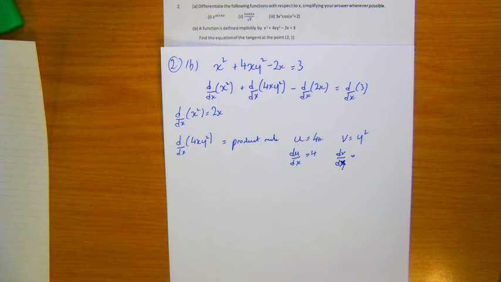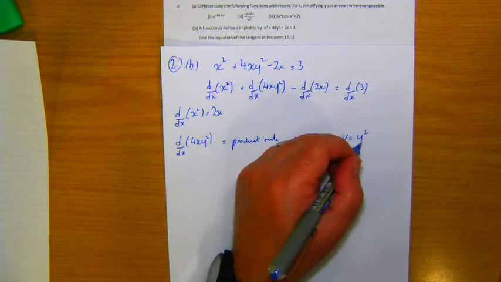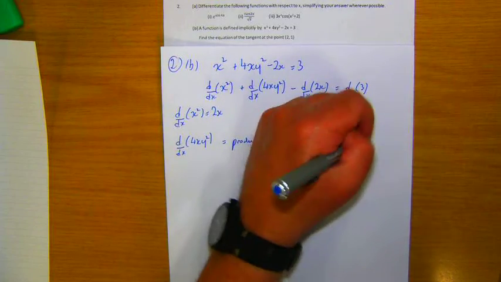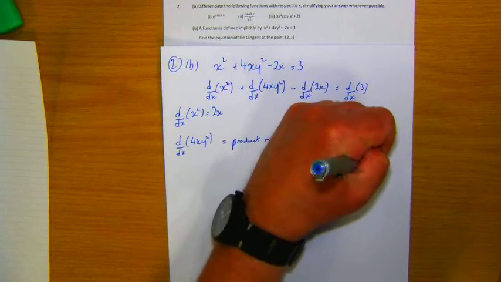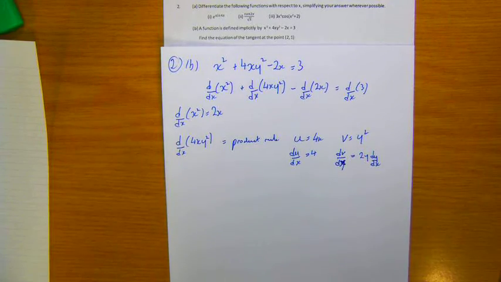And if you think back to when we were doing this, and I won't go through all the theory now, when you differentiate y with respect to x, you differentiate it with respect to y, but then you multiply it by dy dx. So this is the implicit differentiation skill that it's worth going back into your notes and checking.